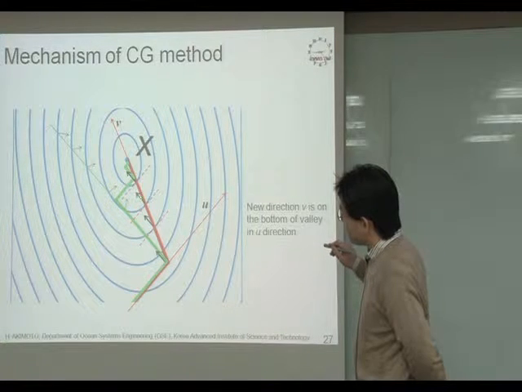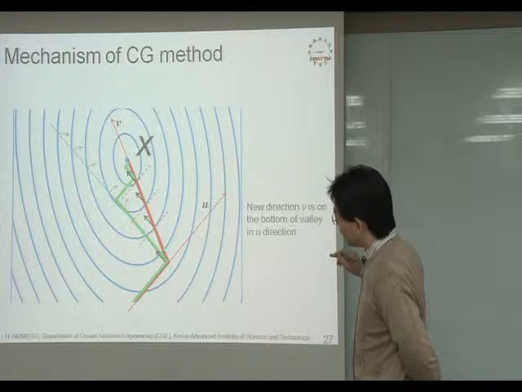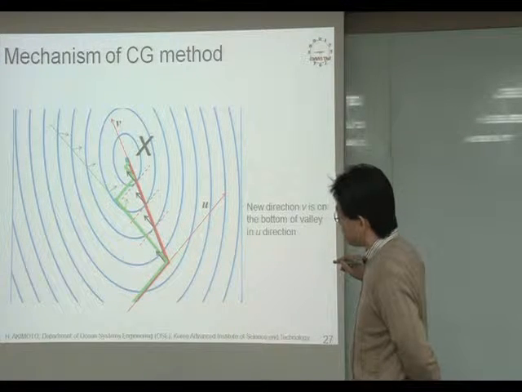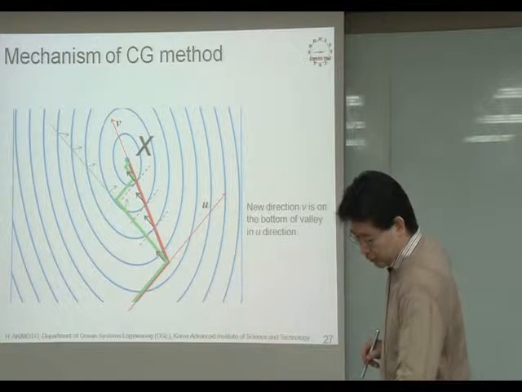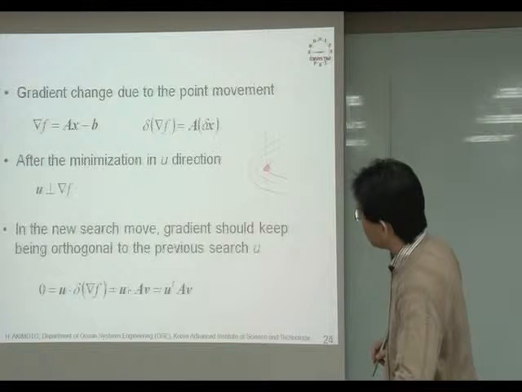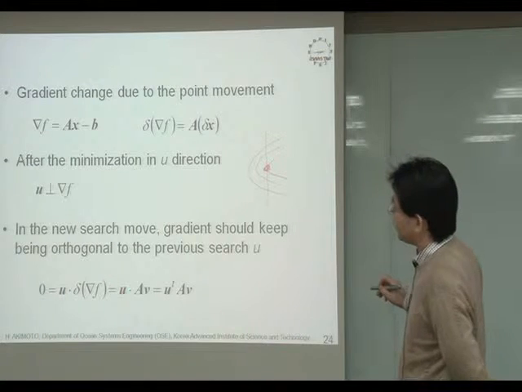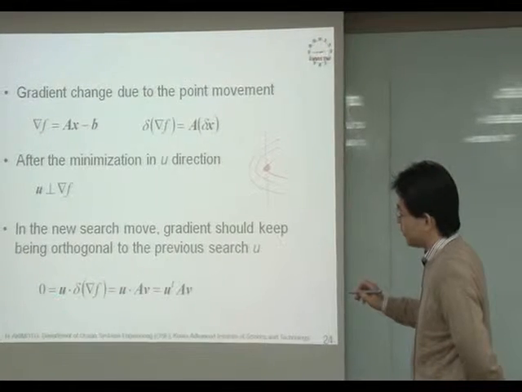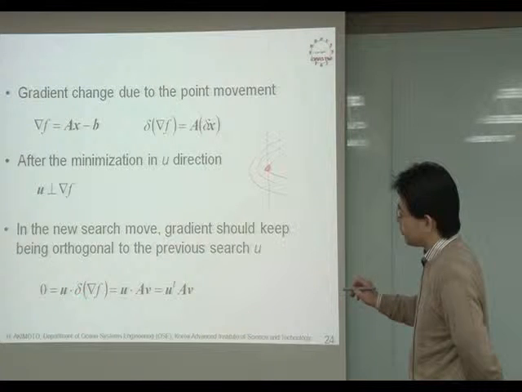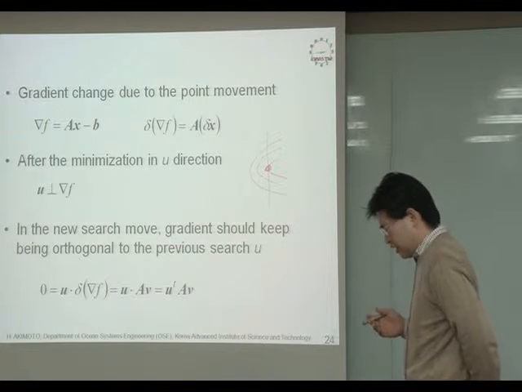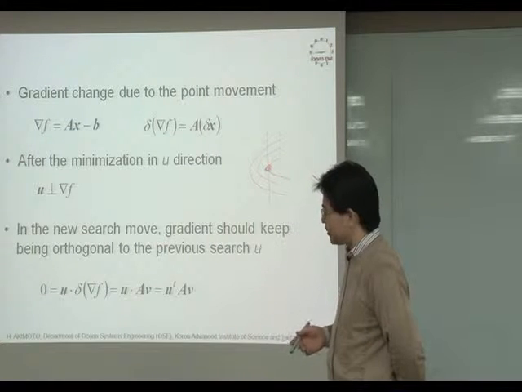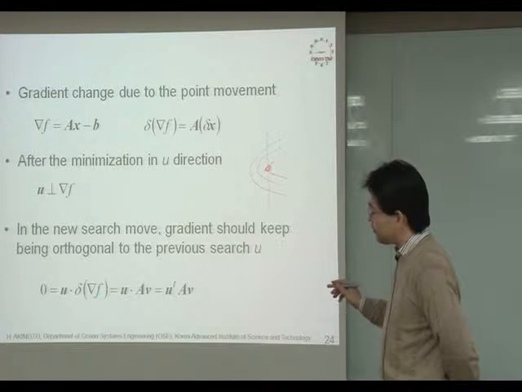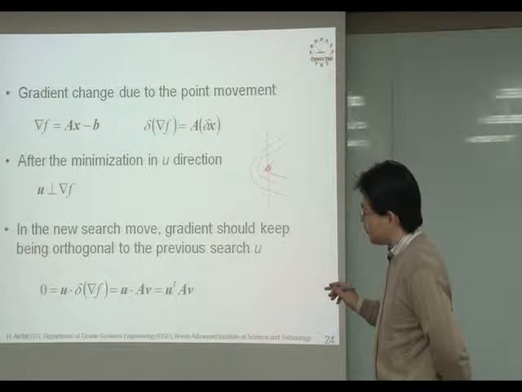the gradient vector keeps orthogonality to the previous search direction. It can be written like this: a new search direction, and the condition of keeping orthogonality indicates the change of gradient.